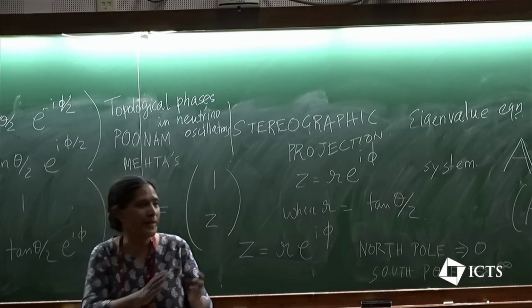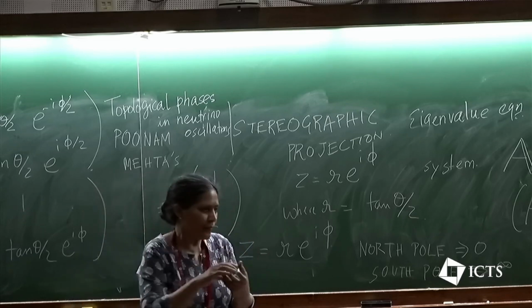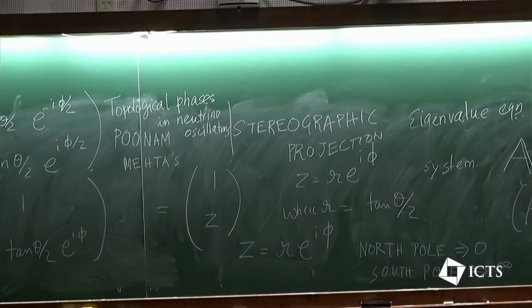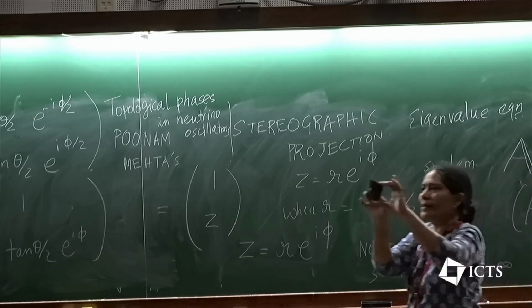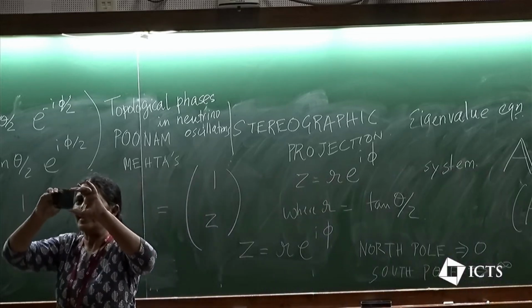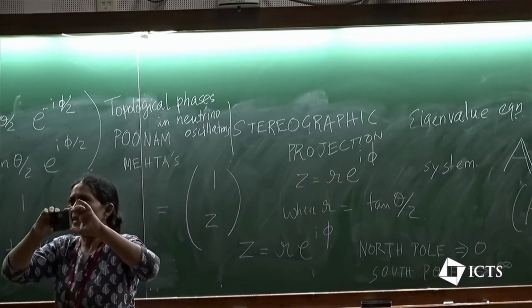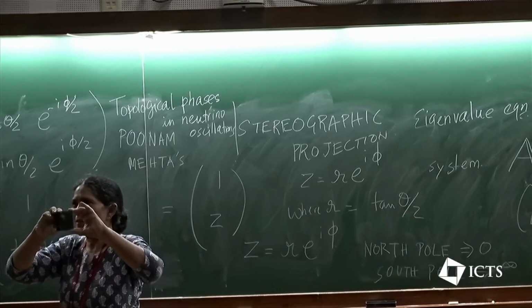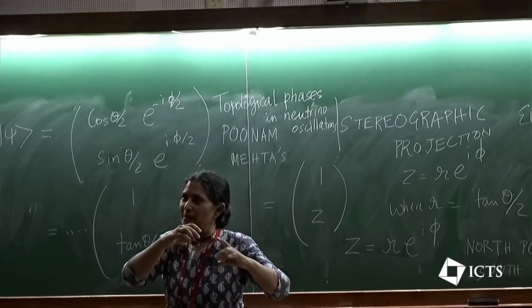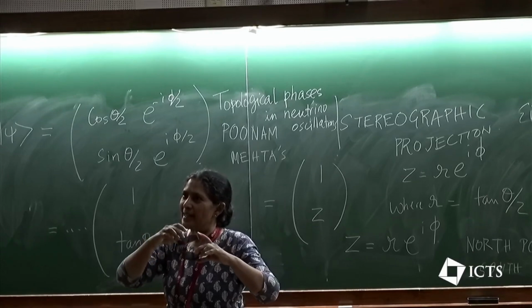Yeah, first of all, suppose I have two Polaroids, right? And if I keep rotating them, at some point I'll see that there is a complete cancellation, if they are cross-polarized. On the other hand, if you put the sugar solution in the middle, you find that light passes through.